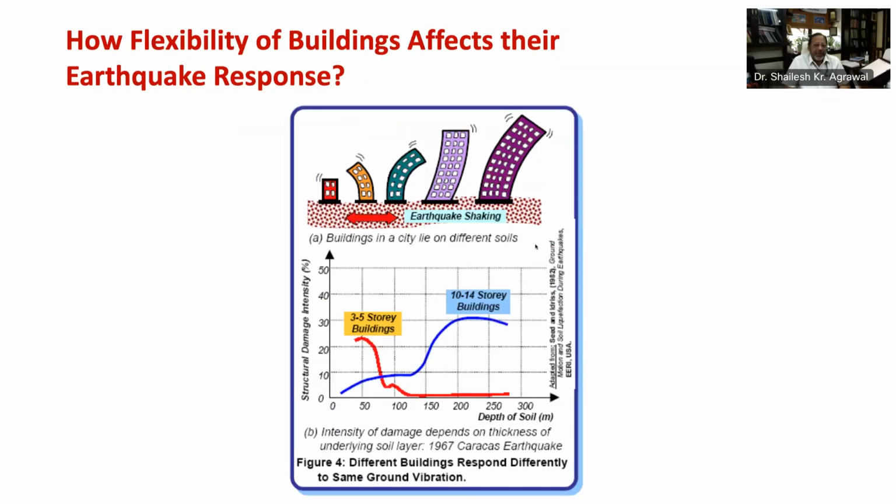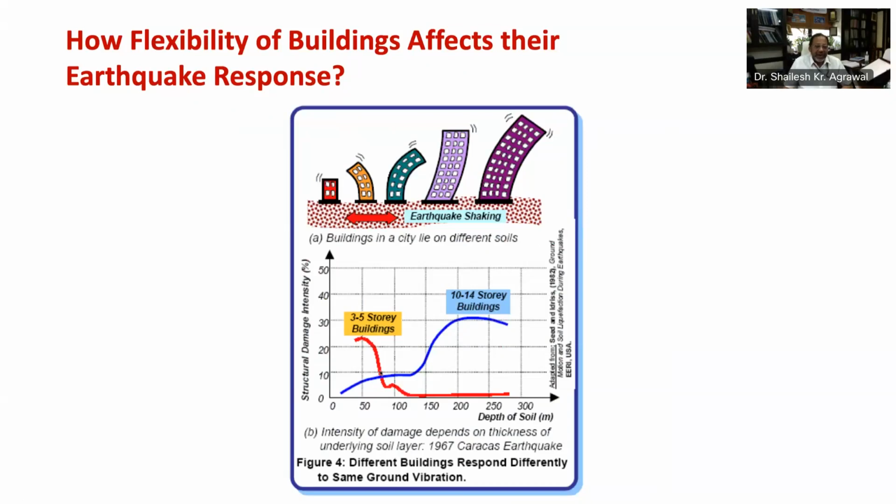Let me supplement this by an example of 1967 Caracas earthquake in South America. The response of building was found to depend upon the thickness of soil underneath the buildings. This is shown in figure 4B, which shows that buildings up to 3 to 5 story tall, the damage intensity was higher in areas where underlying soil cover was around 40 to 60 meter thick, but was minimal in areas with large thickness of soil cover.